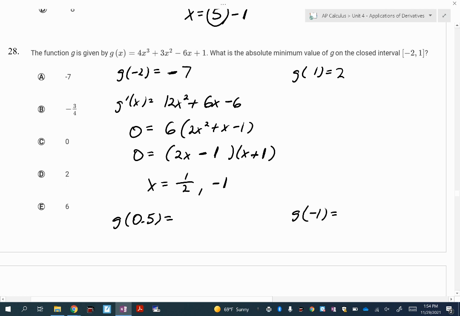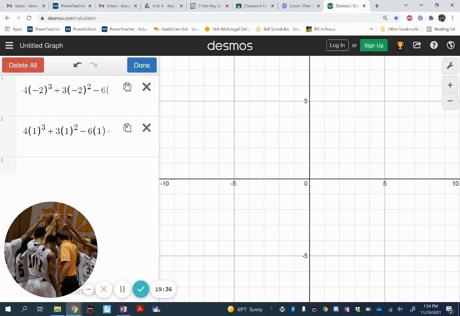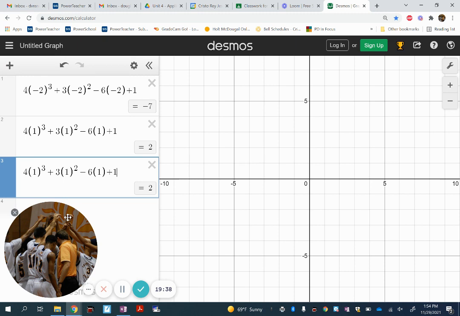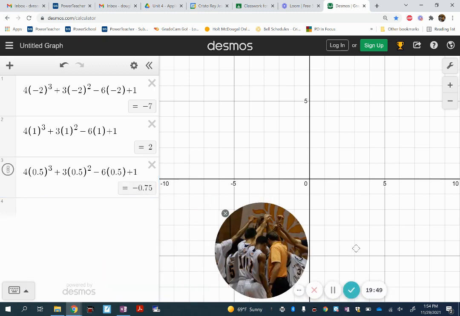Once I have all 4 of those, I can evaluate and see which one has the highest, the lowest, the minimum, the lowest y value. So I need 0.5 and negative 1. So I'm going to duplicate again and plug in 0.5. It gives me negative 0.75.